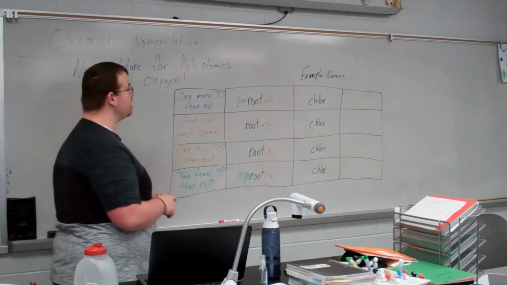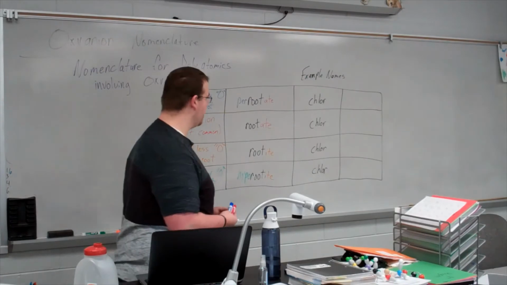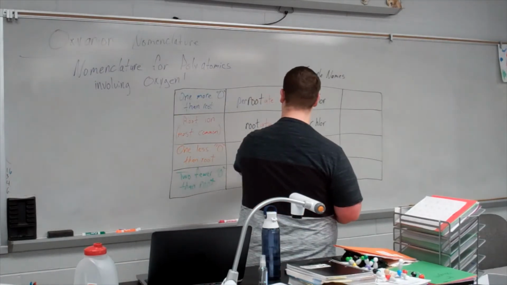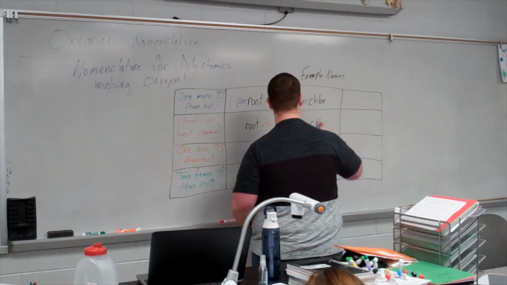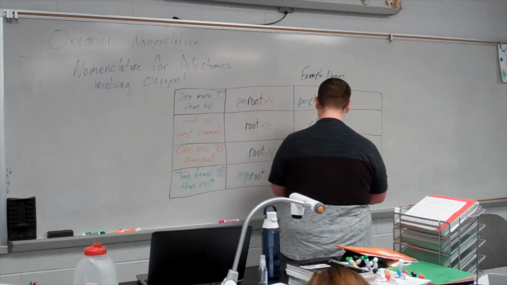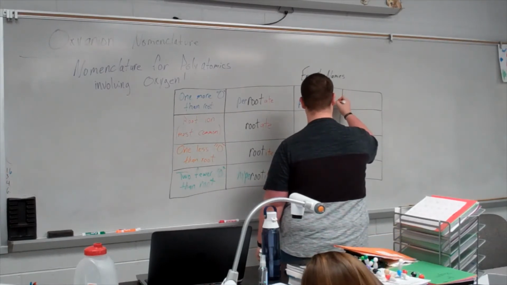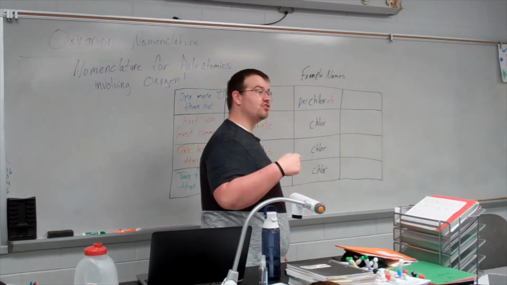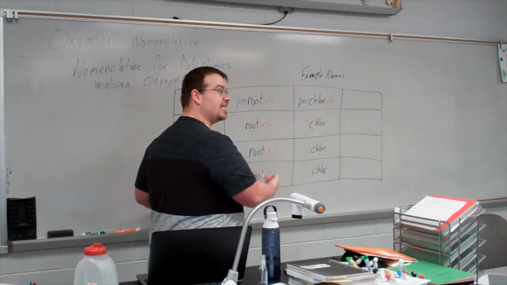All right, so in this case, just going based off names, we're just going to fill in the name. Up here, we've got one more than the root. So per, chlor, ate. Perchlorate. I'm going to stress this to you. This is key that you can get this down.